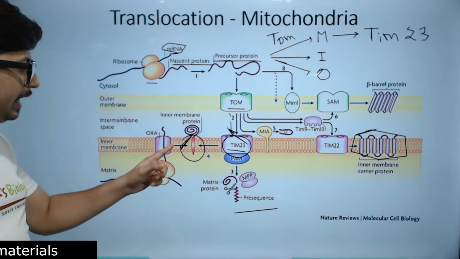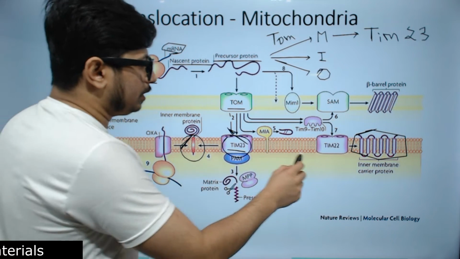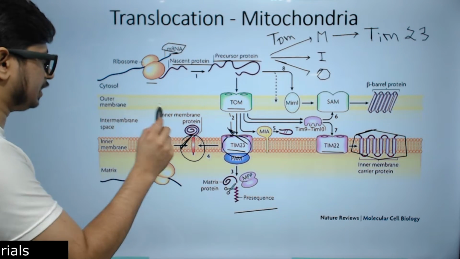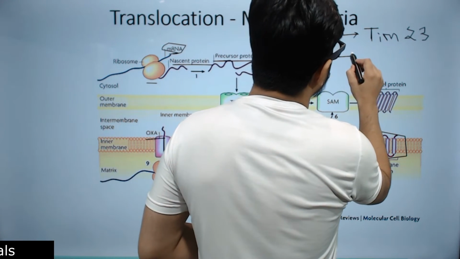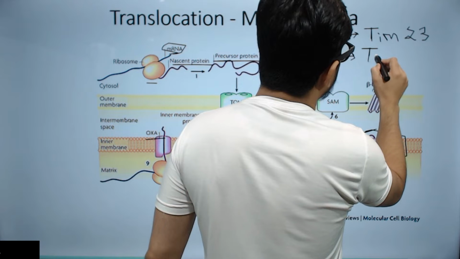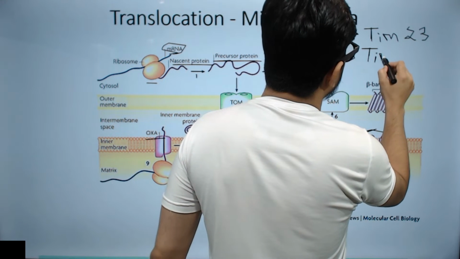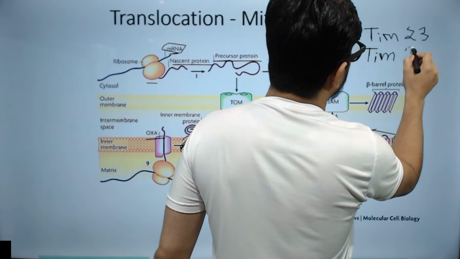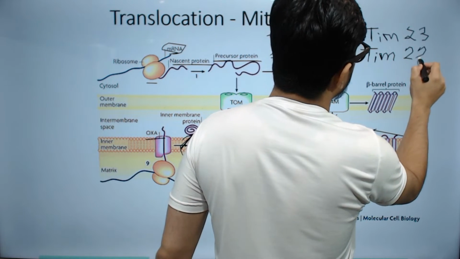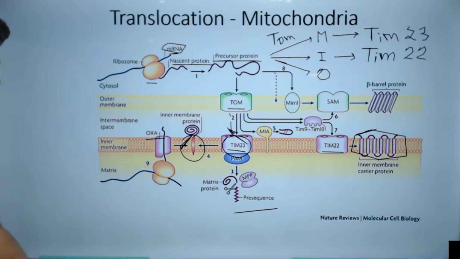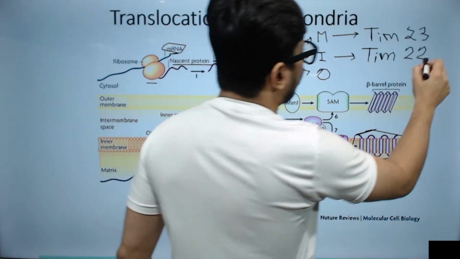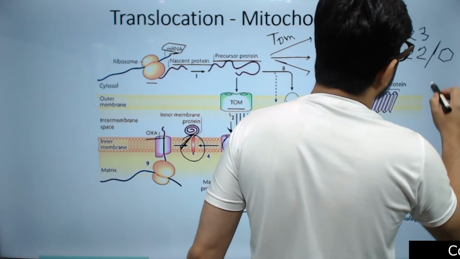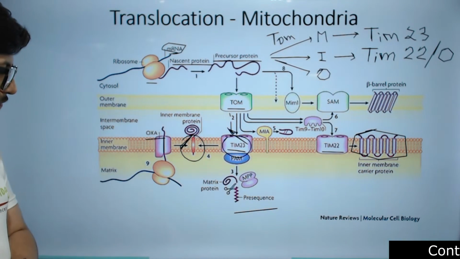While if we deliver the protein to the inner membrane, we can either go TIM22 or the OXA complex. So here in the inner membrane, same TIM, but TIM22 is involved in this case. TIM22 or OXA complex is used here.